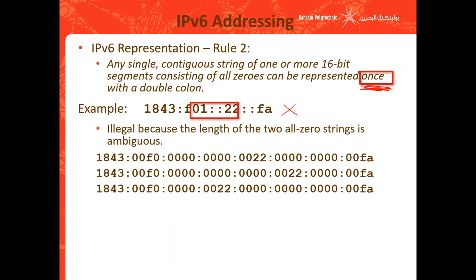But if you have two double colons, then the system wouldn't be able to figure out how many were missing from each of the double colons. So, for example, it wouldn't know how many hextets are missing here or how many are missing here. So all of these three can be possibilities of IP addresses.